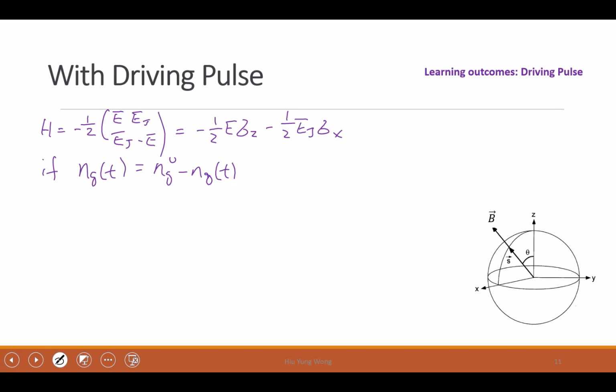If this is not a constant, for example, I can change it to this form with Ng equals eta times cosine omega 1 t plus phi. So it has a phase, right? Let's say I do something so that its background charge is oscillating. But you can guess, how can I do that so that background charge is oscillating based on what we just discussed?